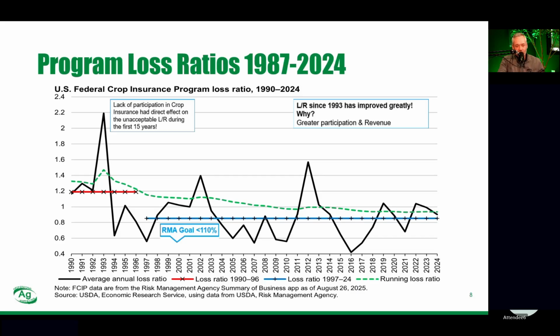Their goal is a 110% loss ratio, meaning they're going to pay out slightly more claims than they're taking in on premium. So the farmer over time should see a net slight positive return, meaning the amount of money I'm paying in for my premium, I should be getting back in claims.